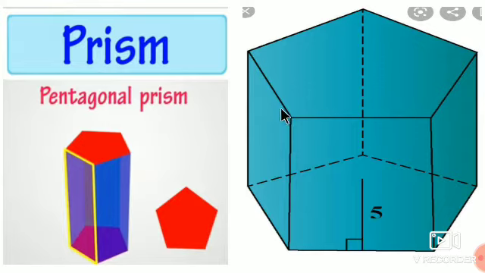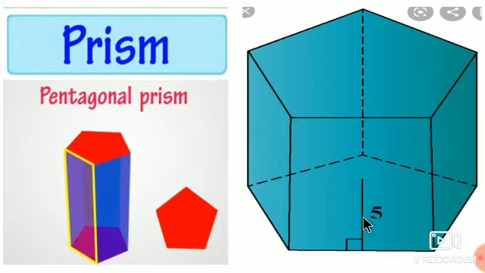Top face has 5 edges, 5 sided figure, pentagon. Bottom also pentagonal, so again 5, 6, 7, 8, 9 and 10, and it has also 5 heights, 11, 12, 13, 14, and this backside 15. So 15 edges.